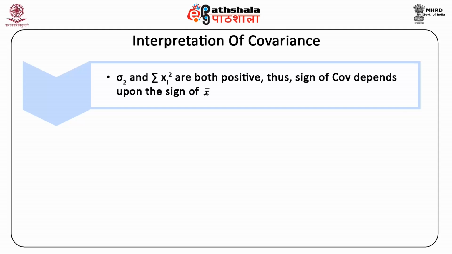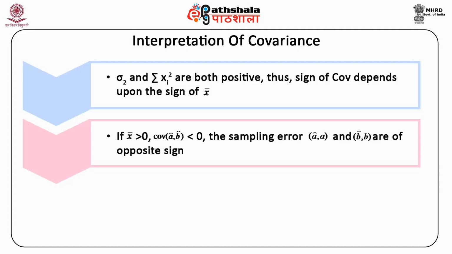Therefore, sign of covariance of a hat and b hat depends upon the sign of x bar. If x bar is greater than 0, covariance of a hat and b hat is less than 0, then the sampling errors, that is a hat minus a and b hat minus b, are of opposite sign.